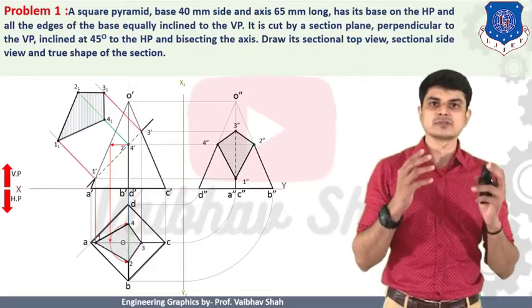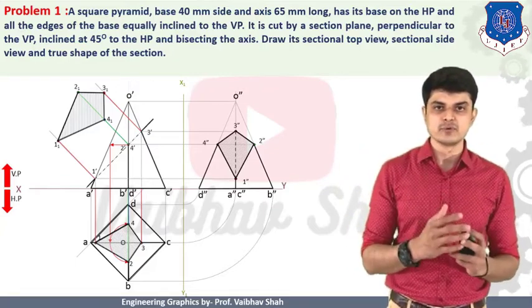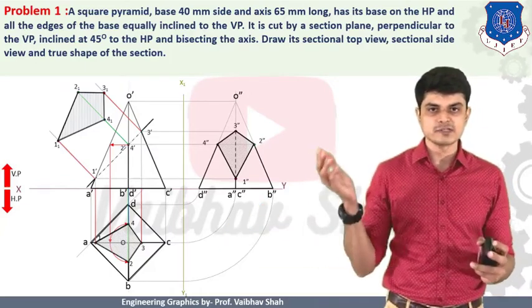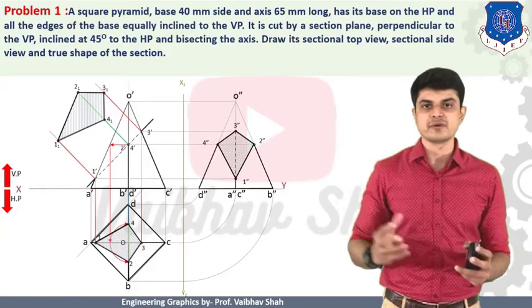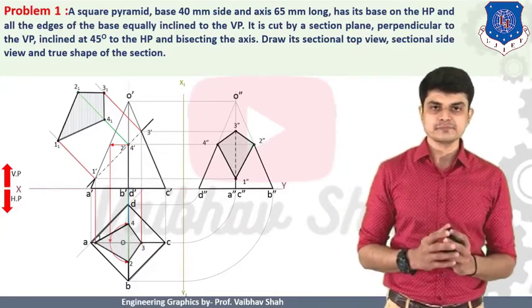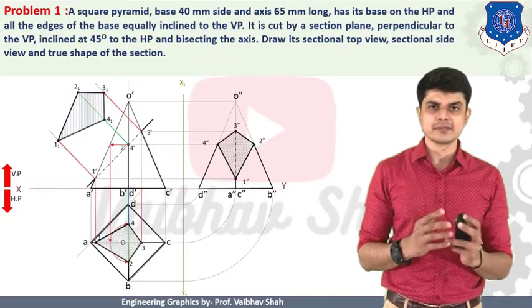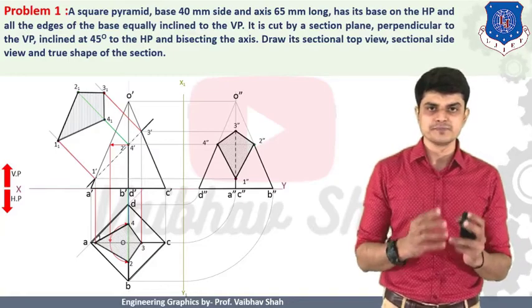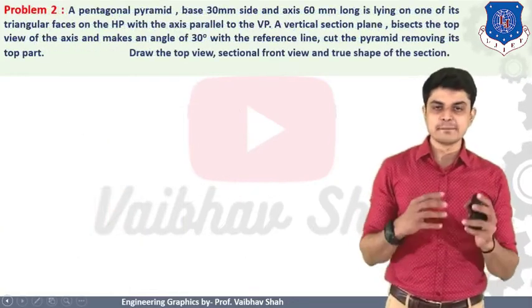That's why it is also known as your sectional side view. So we have got each of the answers. This is your sectional top view, this is your sectional side view, and this one on the left side is your true shape of the section. It is quite a lengthy example, but if you practice more, you can solve it within 15 minutes or so. So now let us see example number 2.